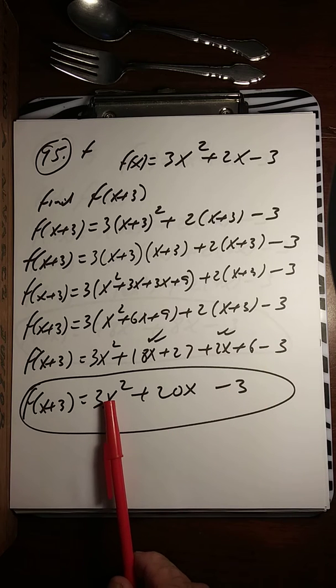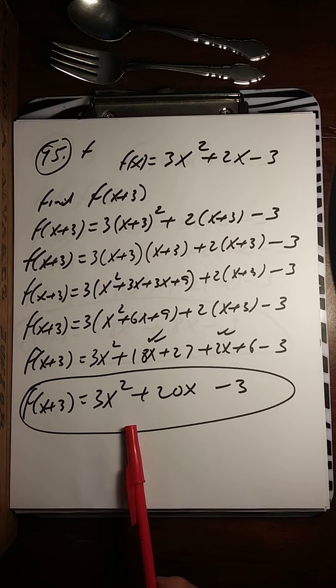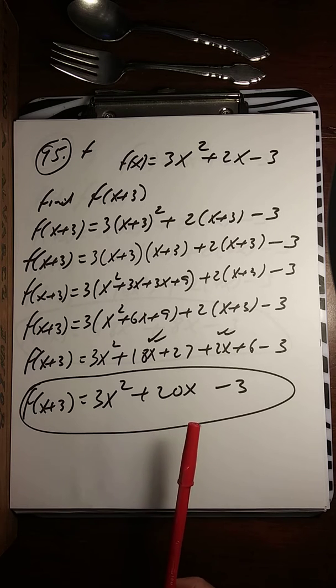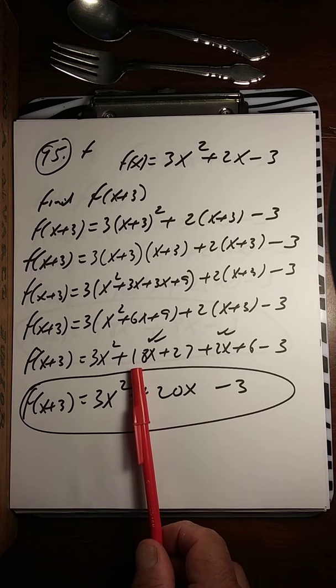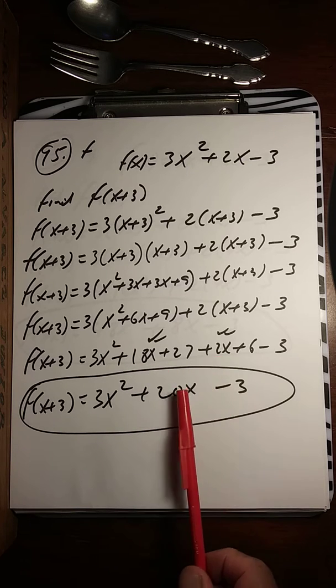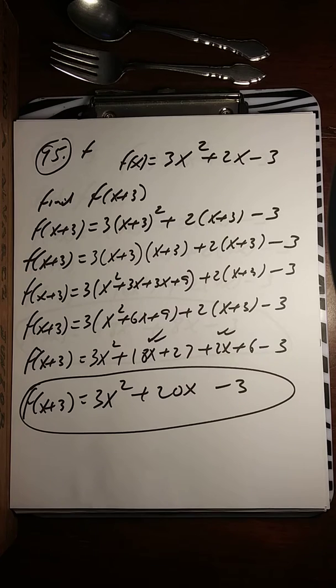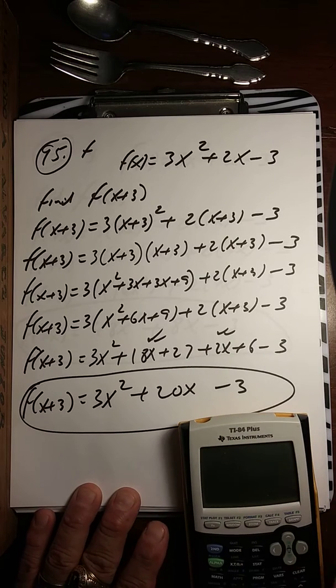So, is that it? Yep. Though that seems not good. Let me do it again. 3x squared, 18x, and that's 20x, and 27. Let me do it on my calculator here. That doesn't look right.